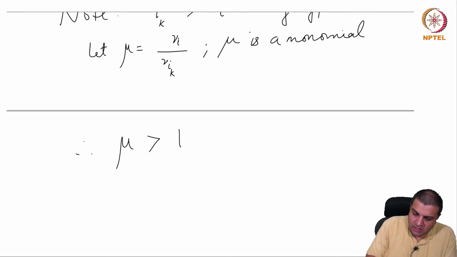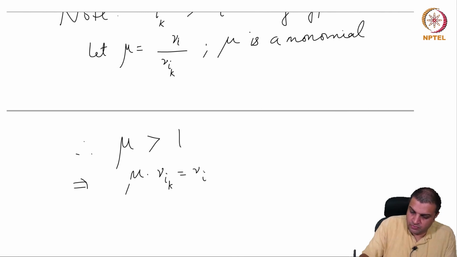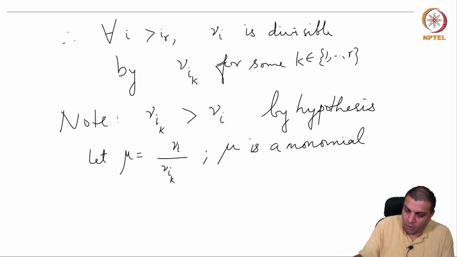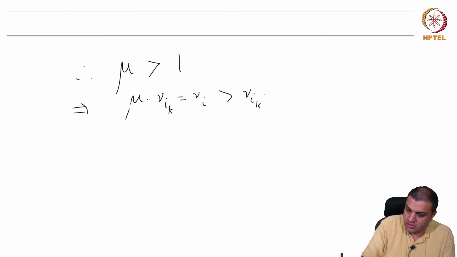If you multiply both sides by nu ik, mu times nu ik, which is nu i, is going to be bigger than nu ik, but the hypothesis was the opposite, that nu ik is bigger than nu i. This is a contradiction.